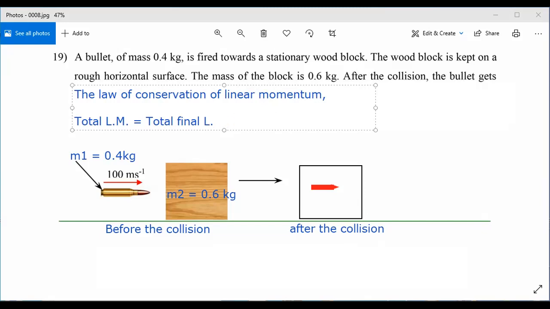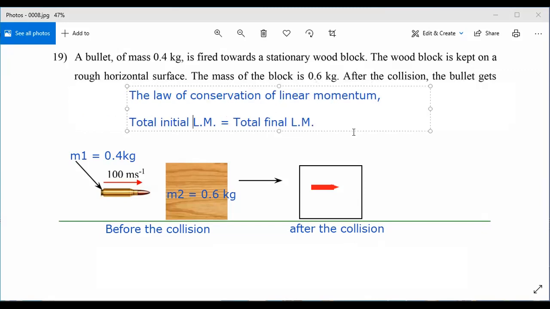Please write this here. So it is said that total linear momentum is not changed. Therefore, total initial linear momentum of a system of objects is equal to the total final linear momentum. So please write it here.